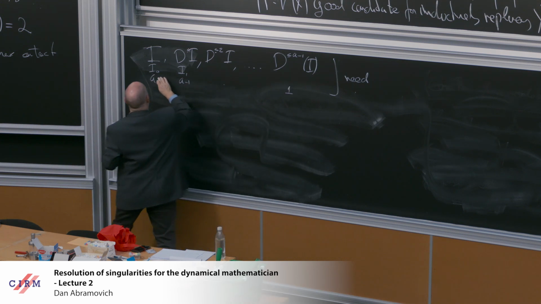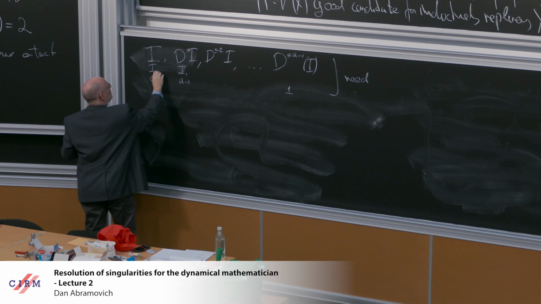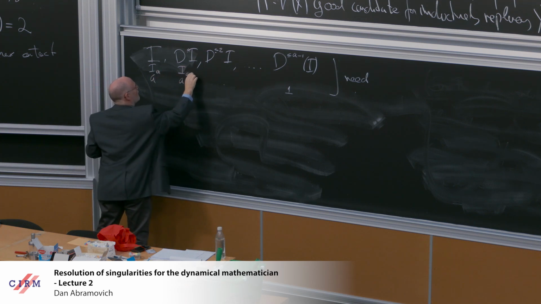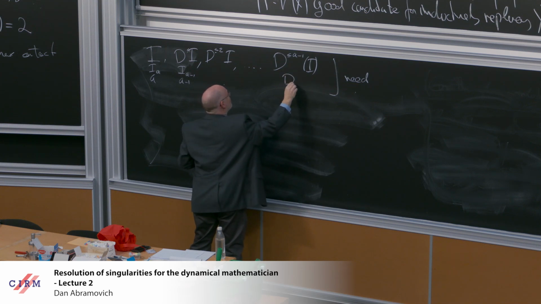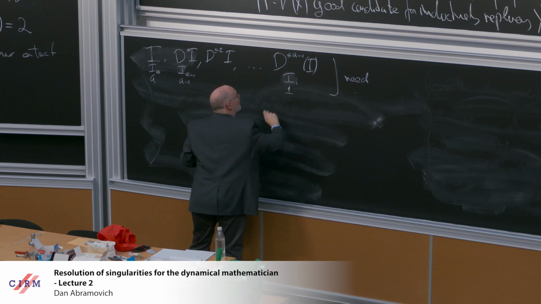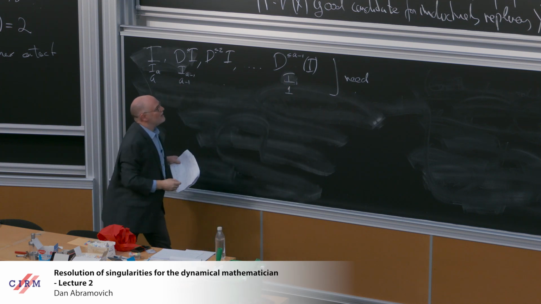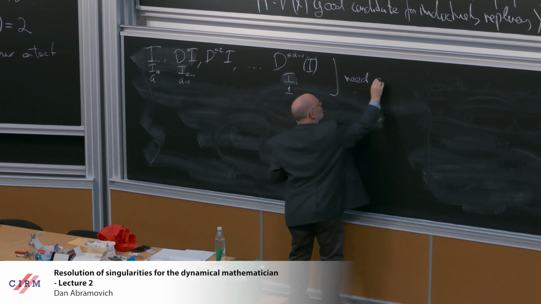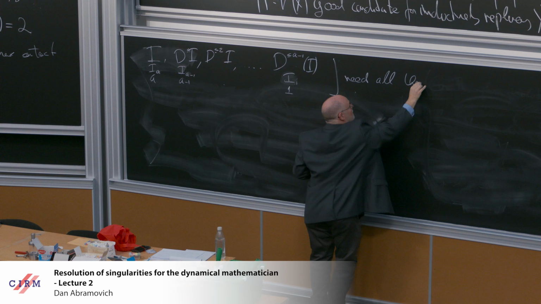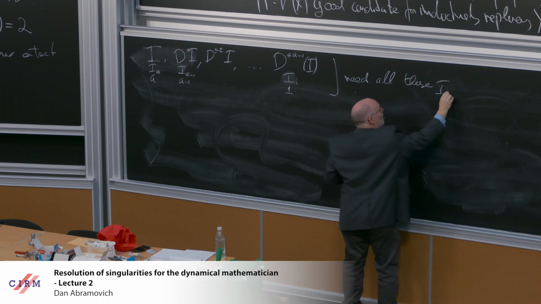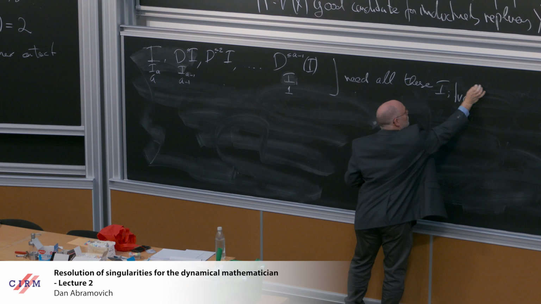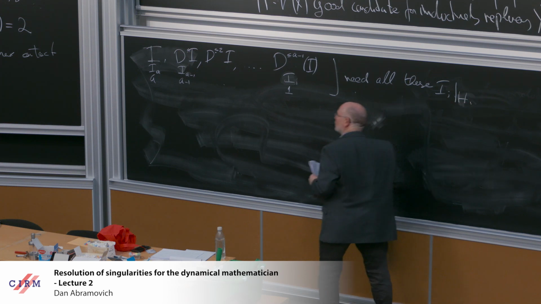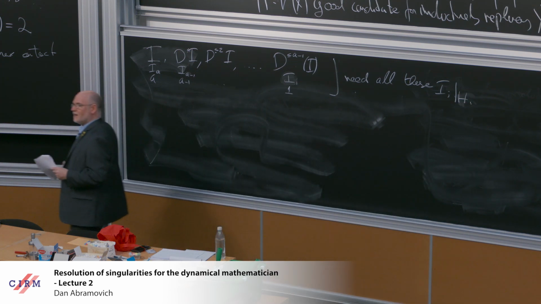No, I'll count the number between. So I need to restrict all these I_j restricted to the vanishing locus of x, to what I called H, the vanishing locus of x.